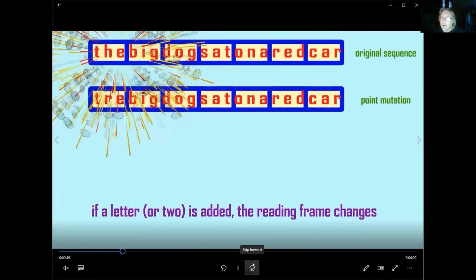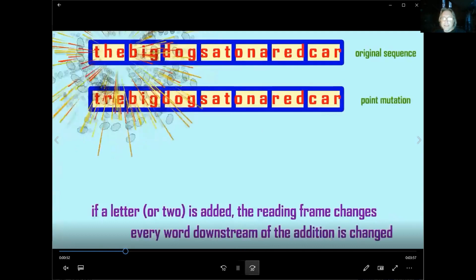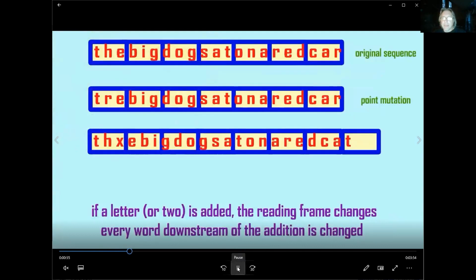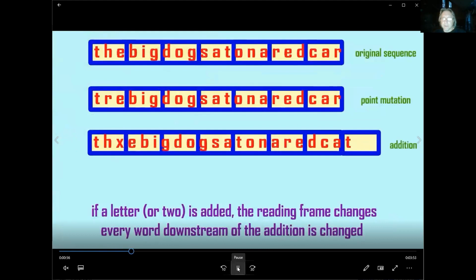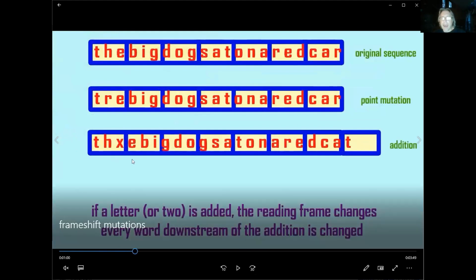But adding or deleting letters, that then is different. So notice that if I add letters, so let's say I add the letter X, not only does it change this first word, but now the E, which was part of word 1, is now part of word 2.